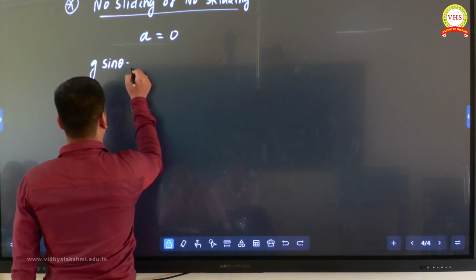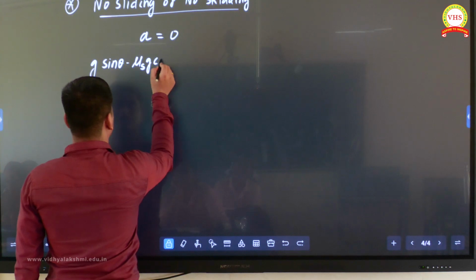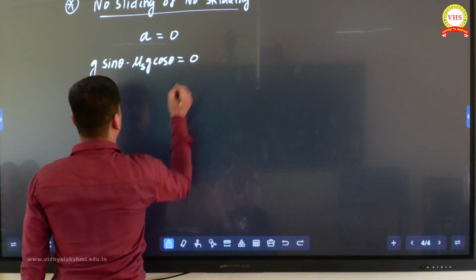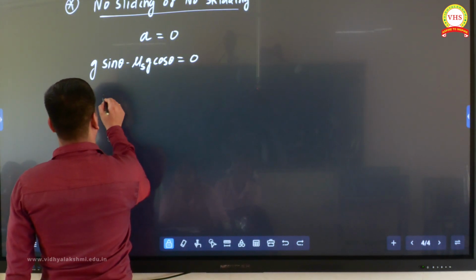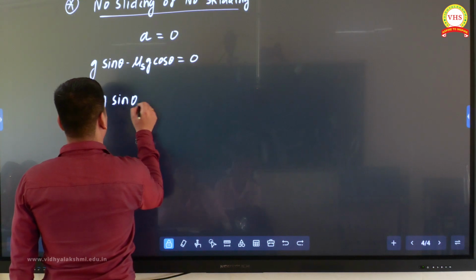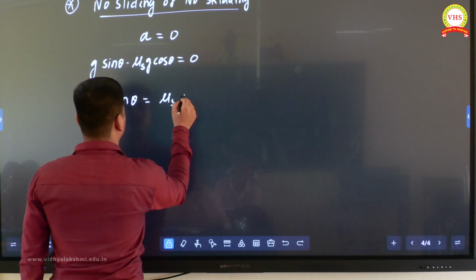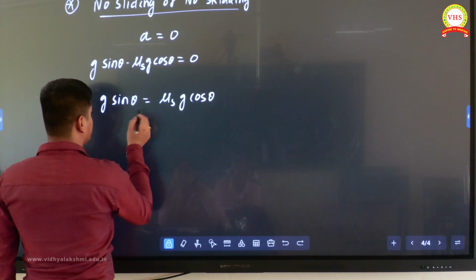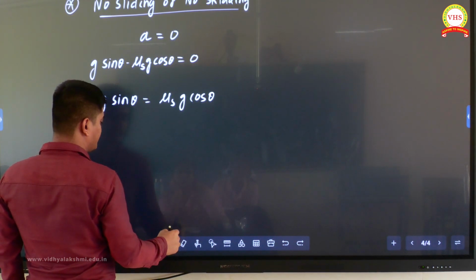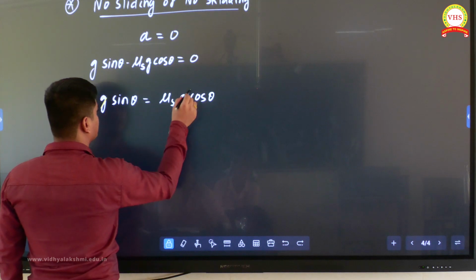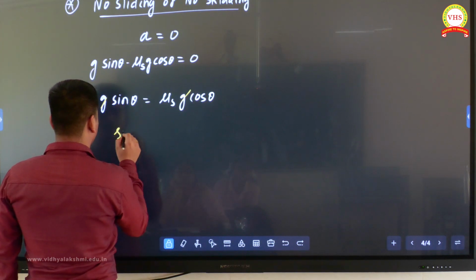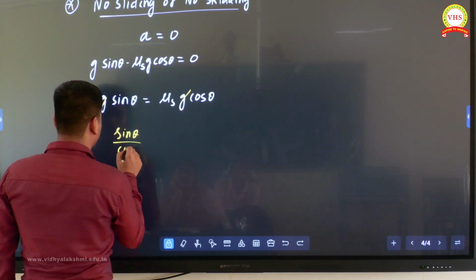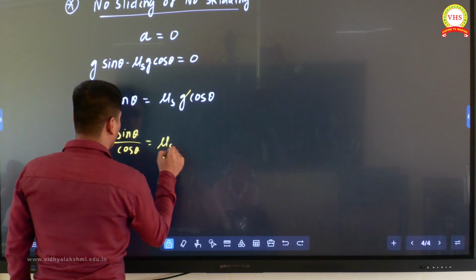If acceleration is 0, what can I write? g sin theta minus mu s g cos theta will be equal to 0. That means g sin theta equals mu s g cos theta. Now g and g will cancel. Now if I want to write mu s, sin theta by cos theta equals mu s.